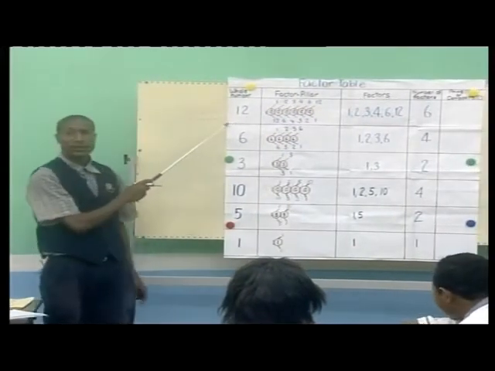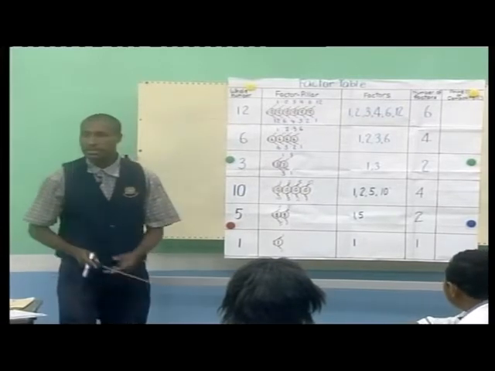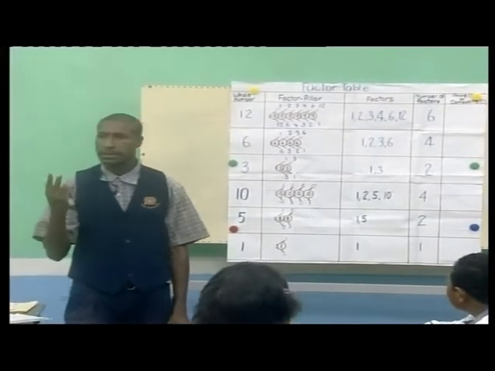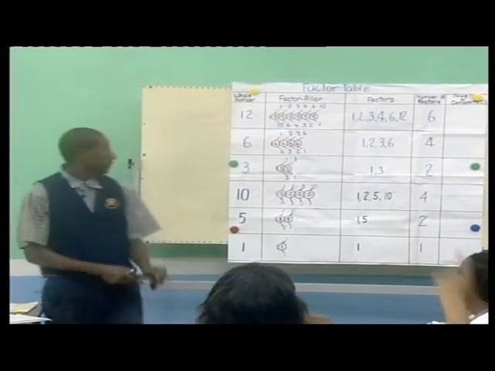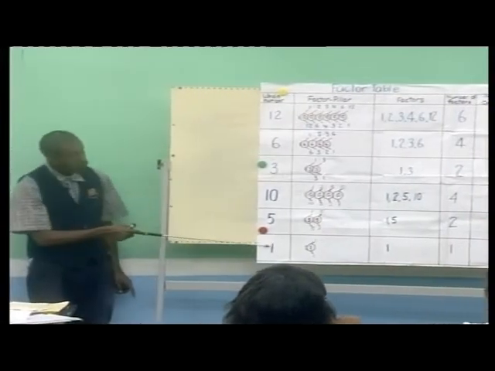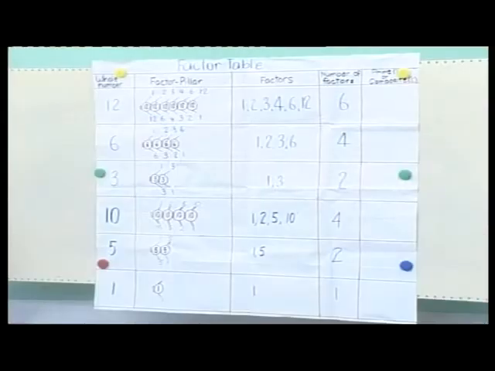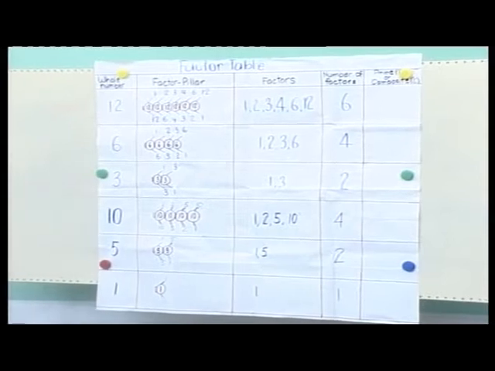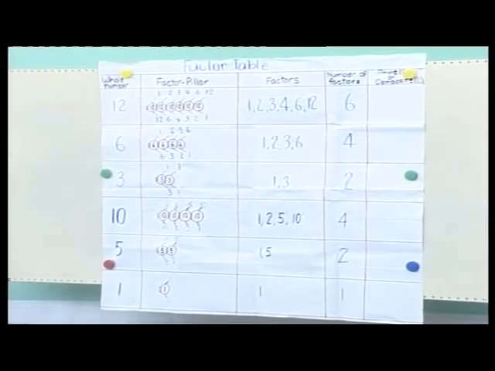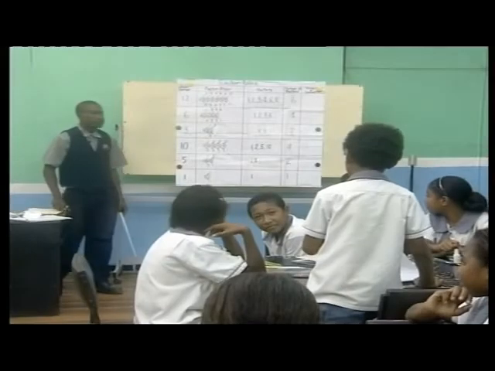Look at the factor table and try to identify how many whole numbers have only 2 factors. 5 and 3.